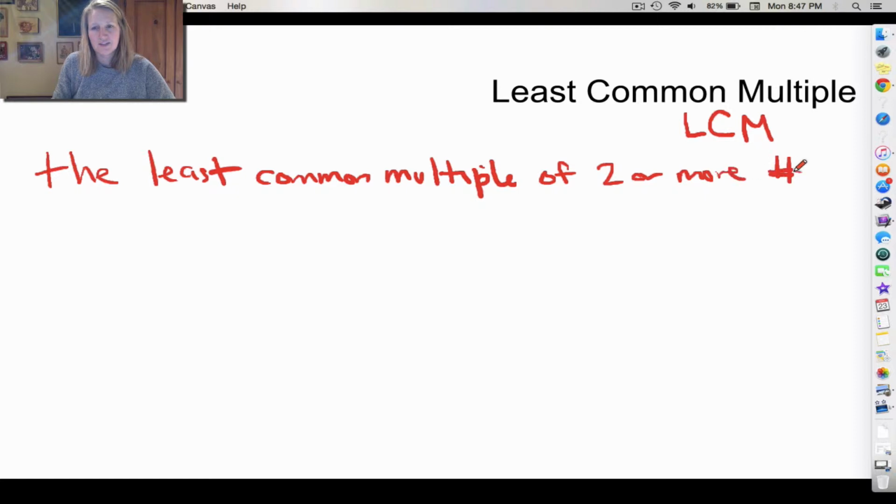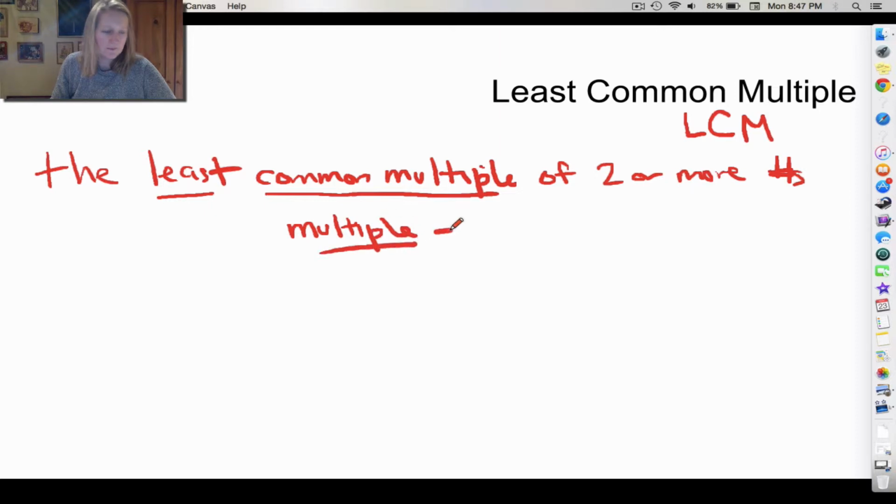So let's break this definition down a little bit. Least is the smallest. And then common multiple. So let's define multiple first, and then we'll define common multiple. A multiple is a product of a number and any whole number.